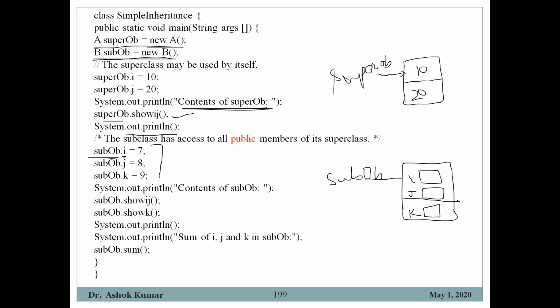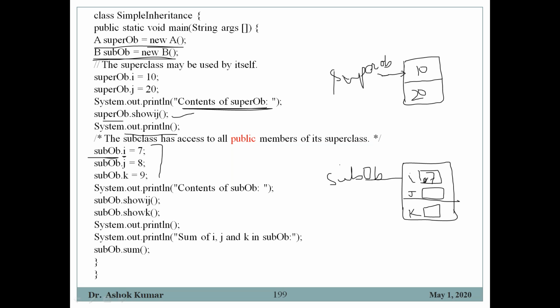So you can directly access the members of the superclass using the subclass object. This will set i to 7. Earlier it was 0, because as we discussed, when we create the object, all the integer members of the object get initialized to 0 automatically.